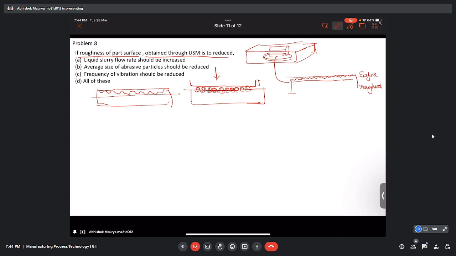So if we want to improve the surface finish, then we use some fine abrasive particles, something like this. Fine abrasives.